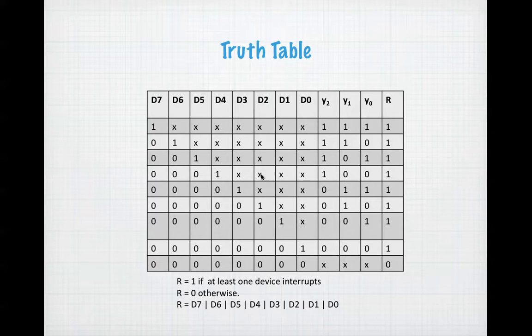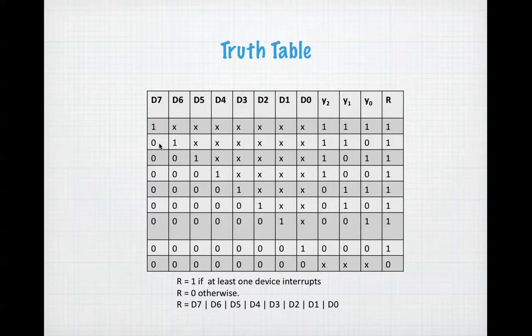So in the event that device D7 makes a request, then the device ID is equal to 111, regardless of whether or not the other devices make such a request.